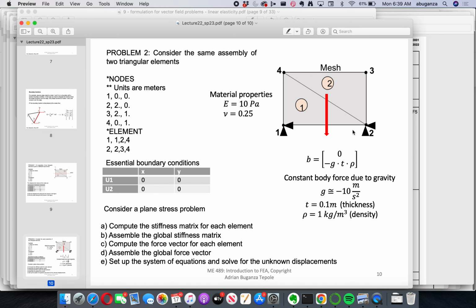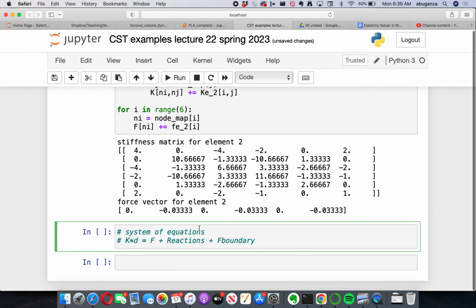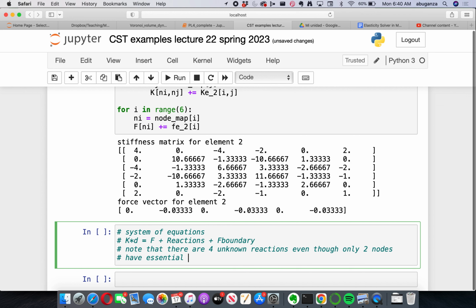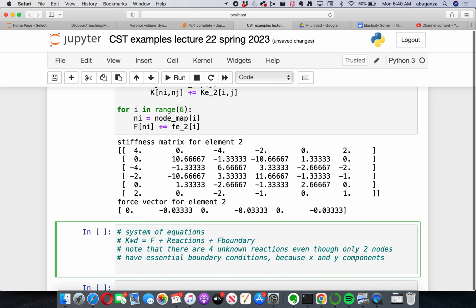And so you can see that the first two nodes have unknown reactions. Note that it's two nodes, but the number of reactions is 4, because for node 1 there's an X and a Y, and for node 2 there's an X and a Y. So these reactions come from X and Y components.